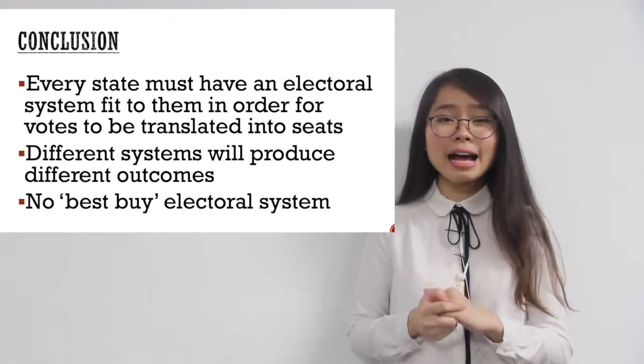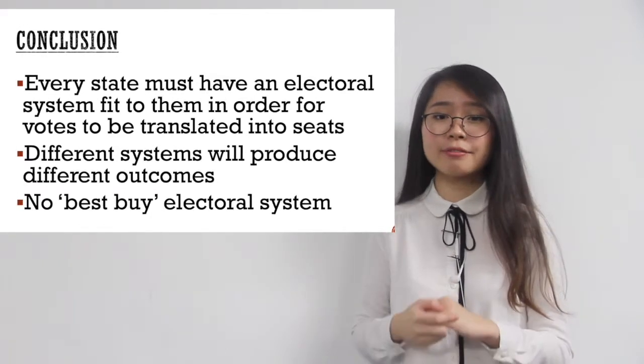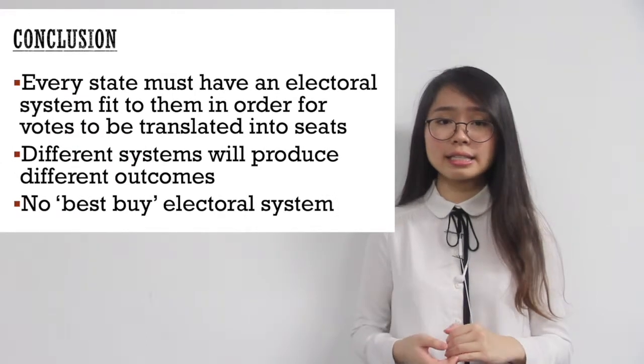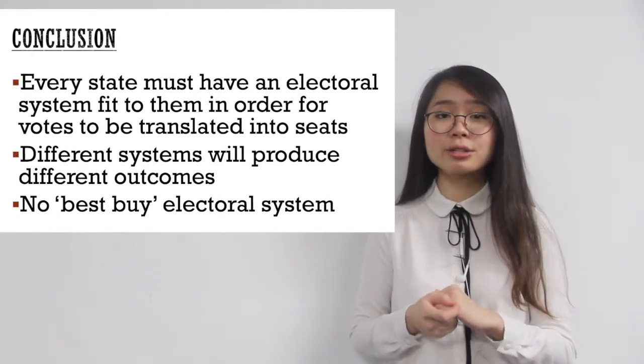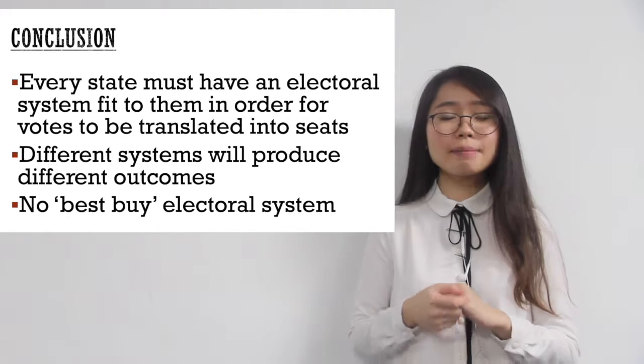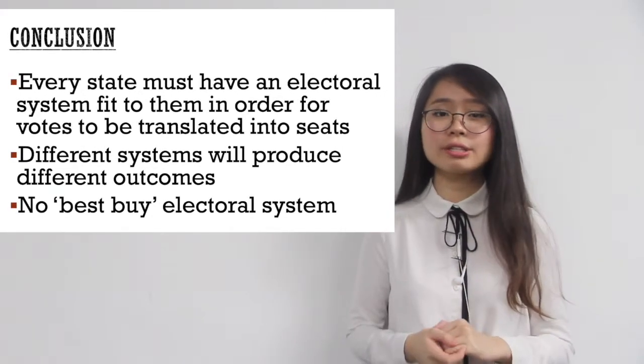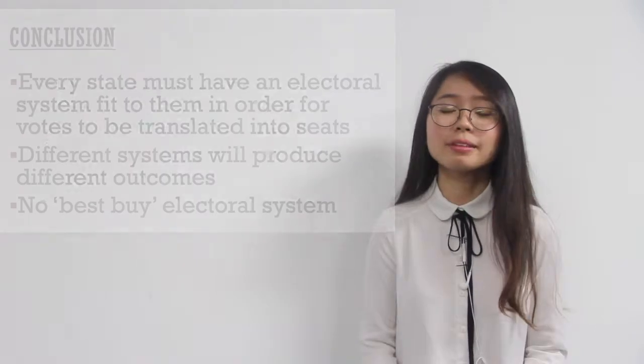Every state has to have an electoral system fit for them in order for votes to be translated into seats, and the type of electoral system chosen has implications because different systems will definitely produce different outcomes.